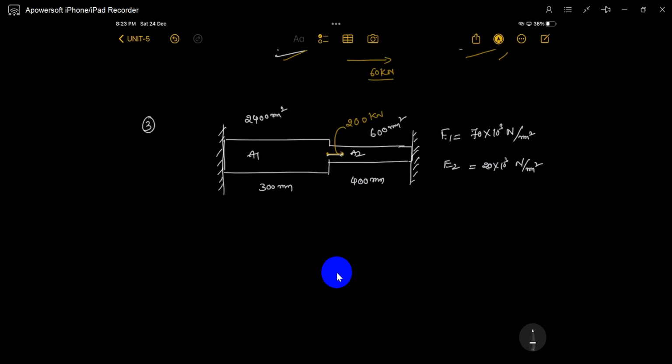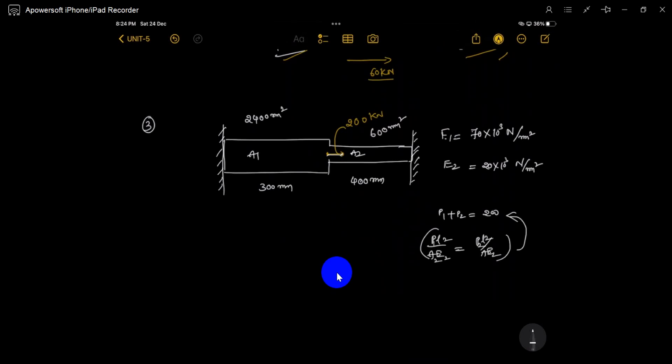So how much element 1 stretches is exactly equal to how much element 2 is compressed. So you already know from strength of materials P1 plus P2 equal to 200, and displacement 1 equals displacement 2, PL by AE for 1 and PL by AE for 2. You can solve these two equations.